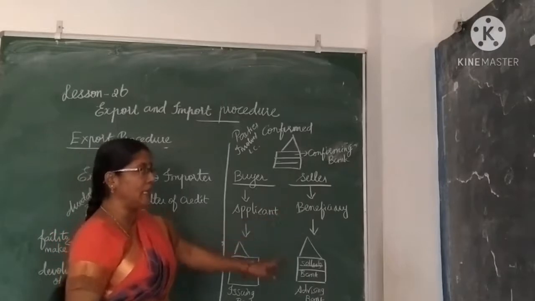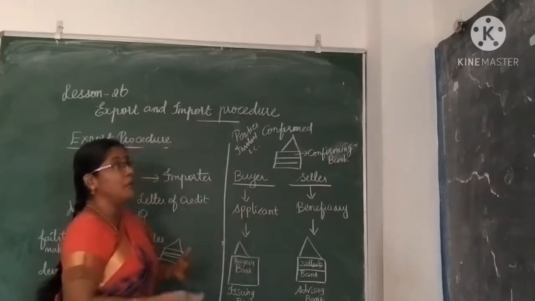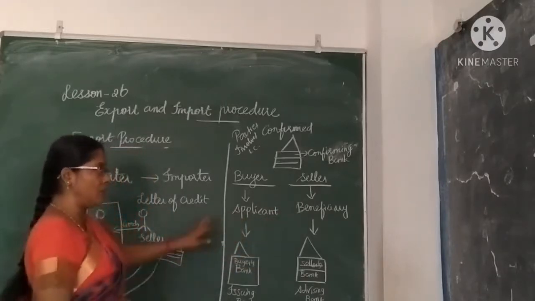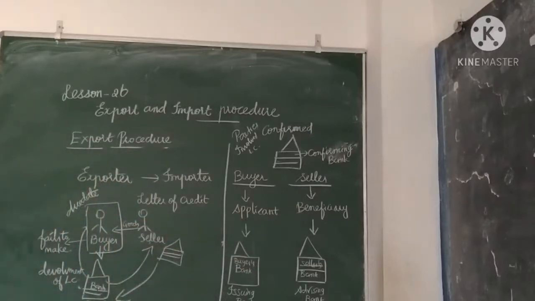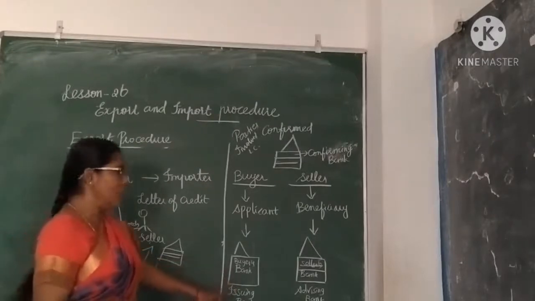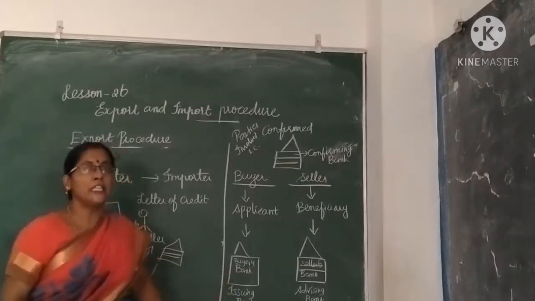He is going to get the money. Applicant means he is placing the order, so we call him the applicant. Also there is the buyer's bank, which issues the LC. The buyer's bank alone issues the LC, so we call it the issuing bank.